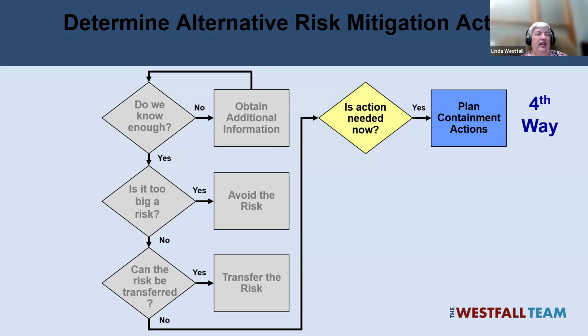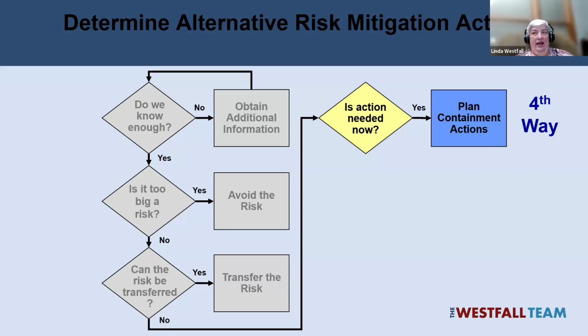We can actively attack the loss by, again, putting a harness out there, folks. But these are containment actions. You have to do these before the risk turns into a problem. It's too late when you're out there balancing on one foot, teetering, ready to fall, to run out there and try and put a harness on you.